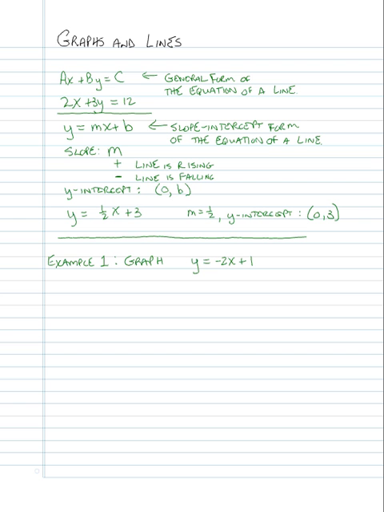But as we recognize, and this is the thing to notice here, when we graph this line, we're expecting a line that's going down because the slope is -2, isn't it? So recognizing the slope is -2 tells us we have a decreasing line or a falling line.